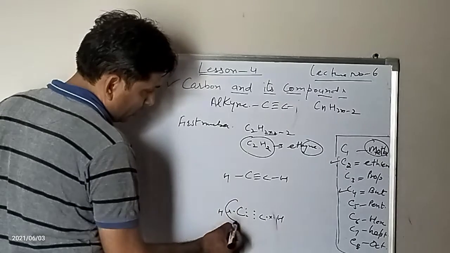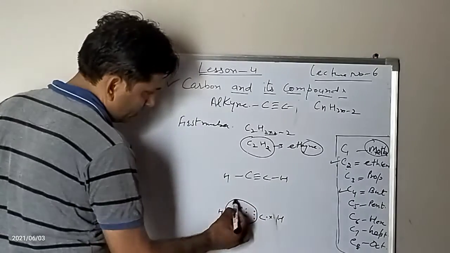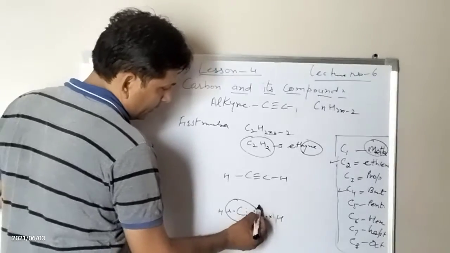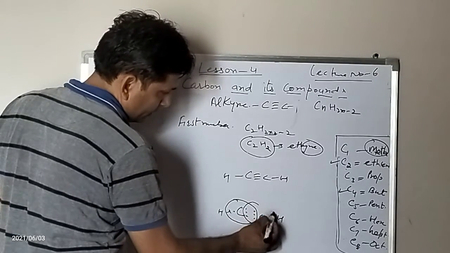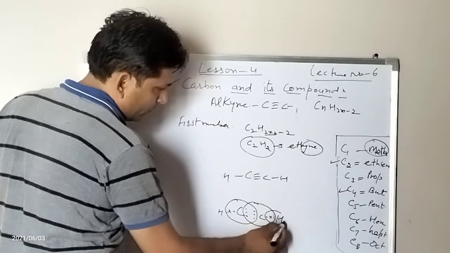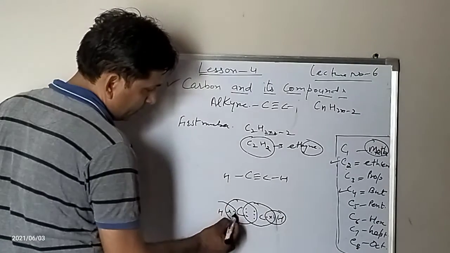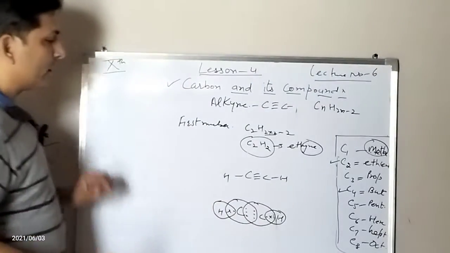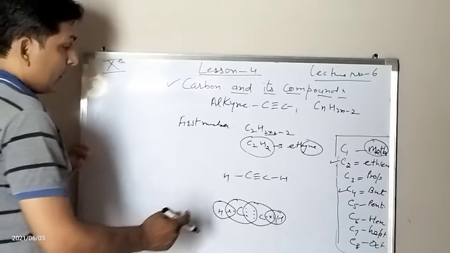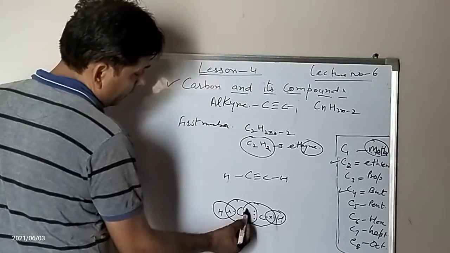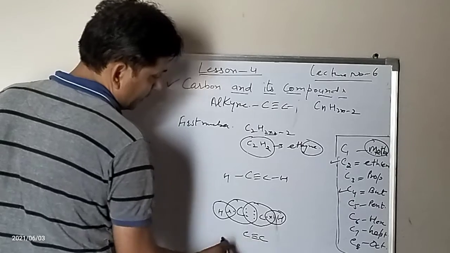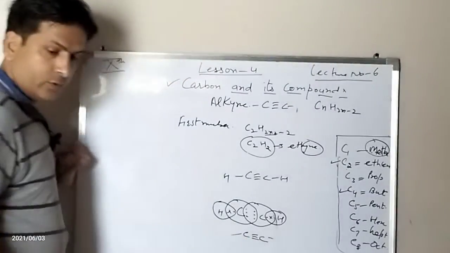If you count the number of electrons with this carbon, 6 plus 2, 8. In a similar way, 6 plus 2 is equal to 8. The number of electrons with each hydrogen atom is 2. This is the electron dot structure of ethyne, and the number of shared pairs of electrons is 3. Therefore, a triple bond is there between the two carbon atoms.